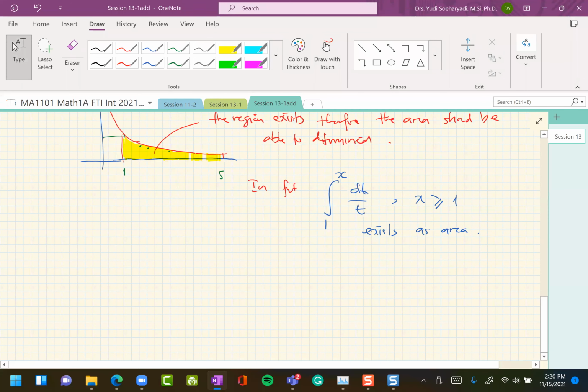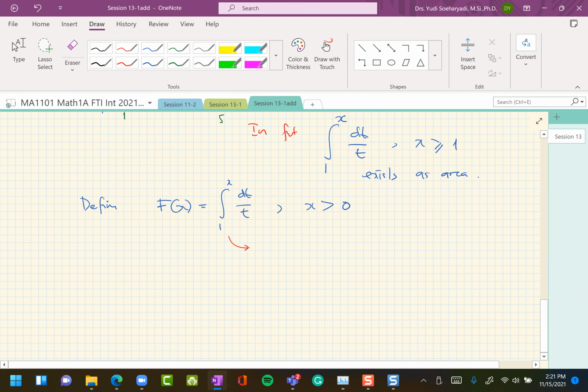Let's define this as F for x, say x positive. So this function, for x greater than 1, F of x is the area of the region.